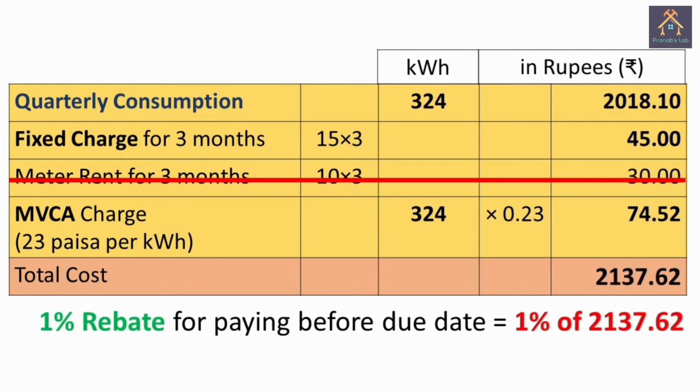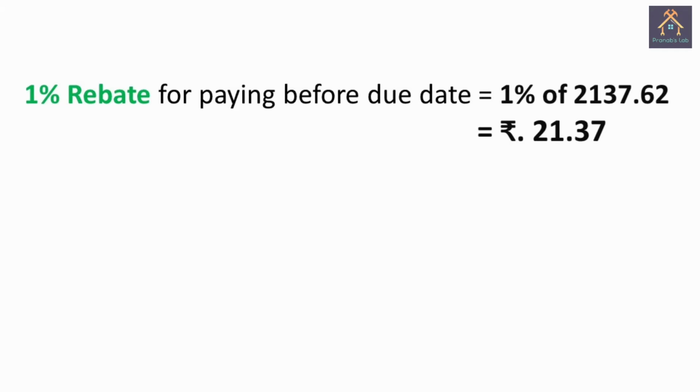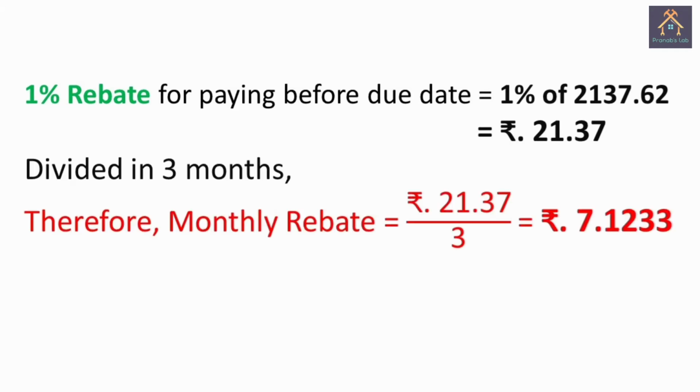As per the rebate scheme we will get 1% rebate on this, that is 21 rupees 37 paisa, and this rebate of 21 rupees 37 paisa is to be divided in 3 months, that is 7 rupees 12.33 paisa.